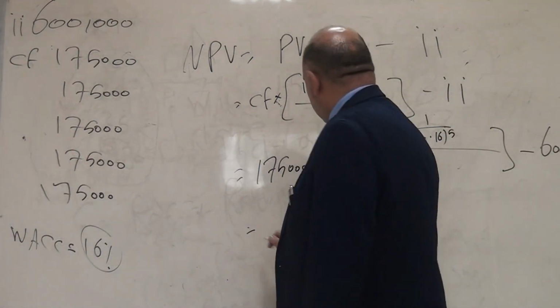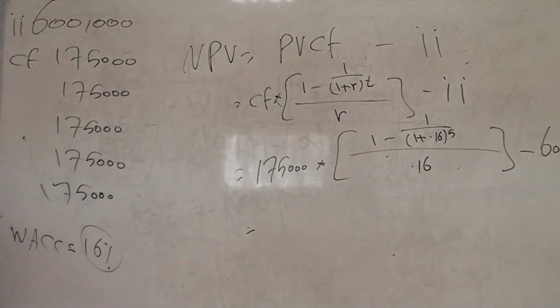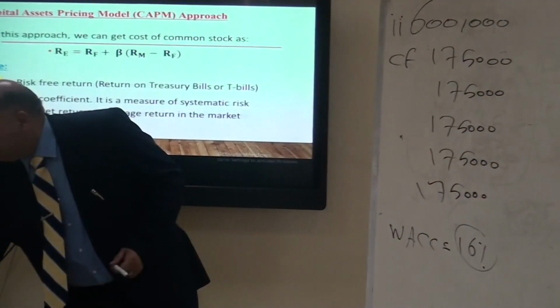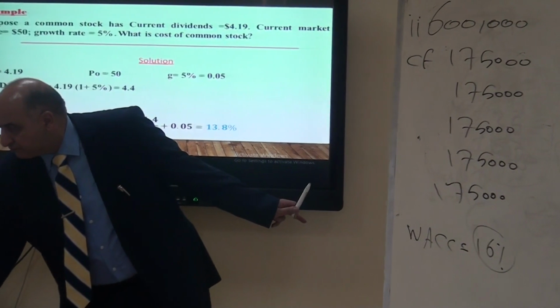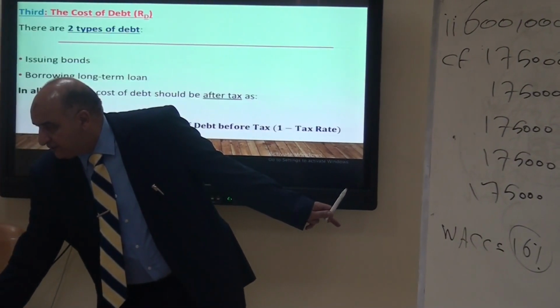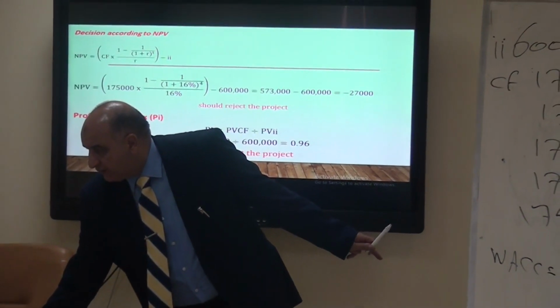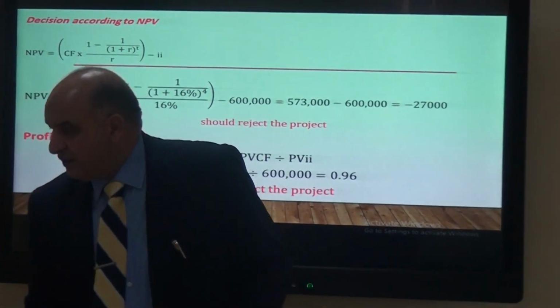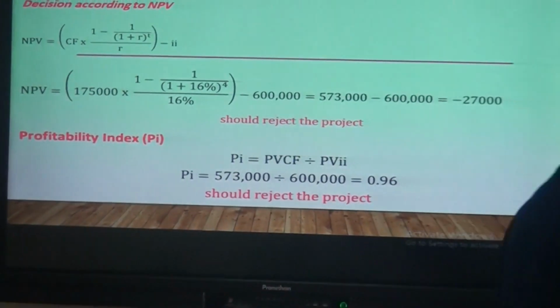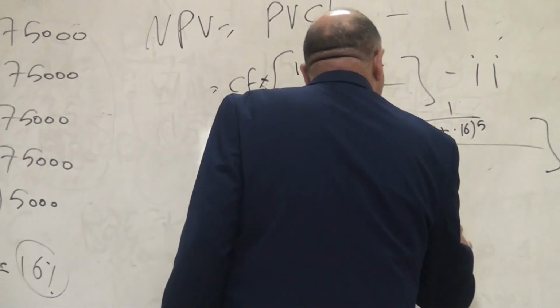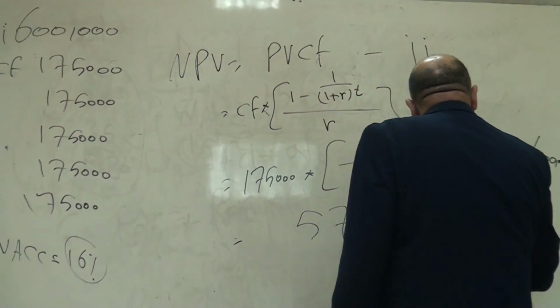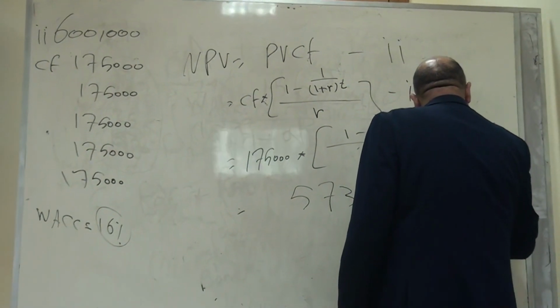In this case, it is calculated here, it will be 573,000 minus the initial 600,000.